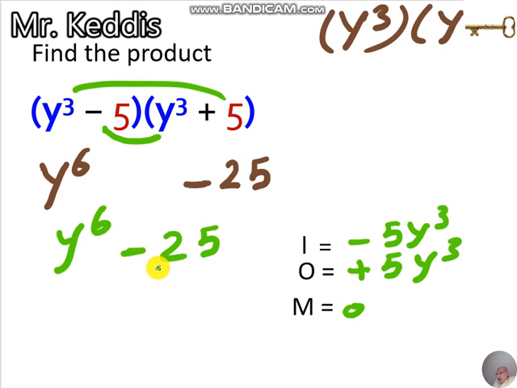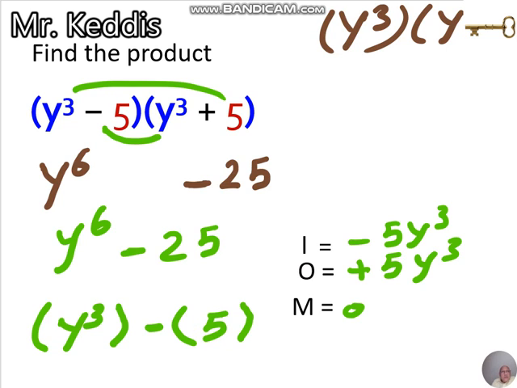I can write this as the difference between two squares, like this: y cubed squared minus 5 squared. (y cubed) squared is y to the power of 6, and 25 is 5 squared.